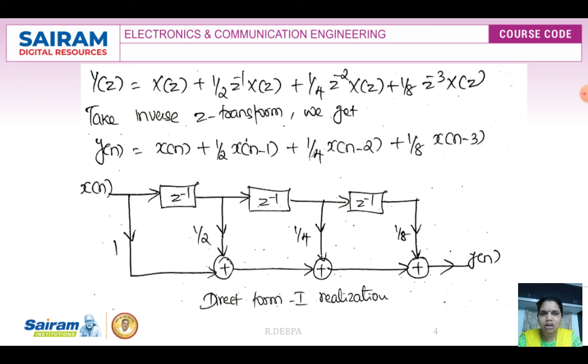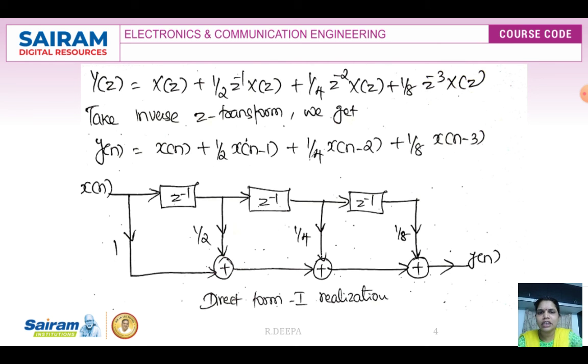So this is my output equation, and if you observe, it is of the form summation of b m x of n minus m, where m is ranging from 0 to 3. So from this equation you will be able to draw the direct form 1 realization.